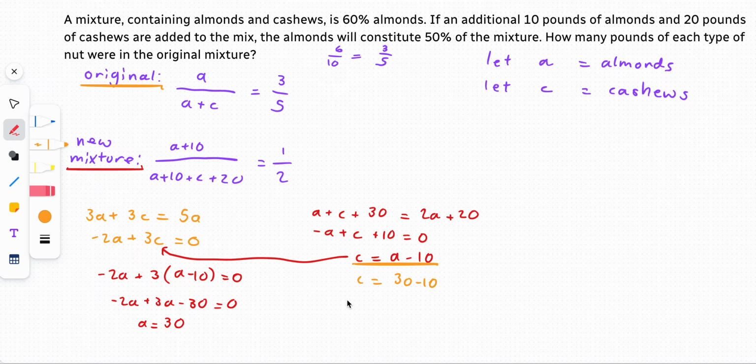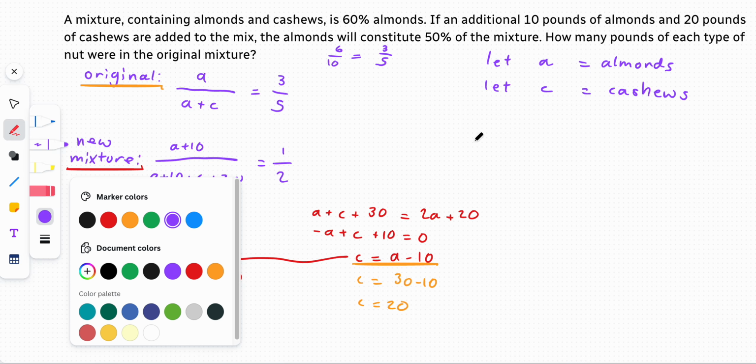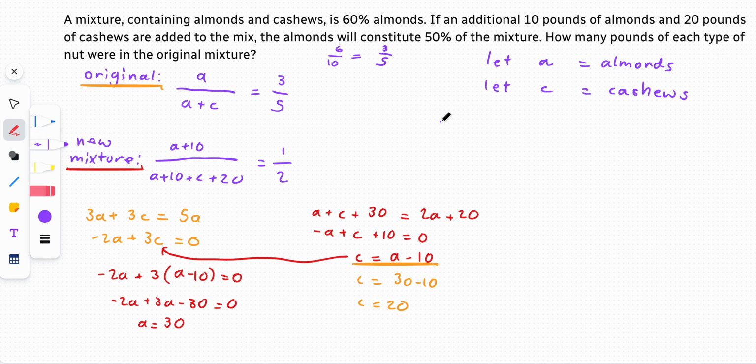This means that my cashews are equal to 20, okay? So this is really nice. So it's 30 pounds of almonds originally, and 20 pounds of cashews originally. Okay, so this is how you do it.